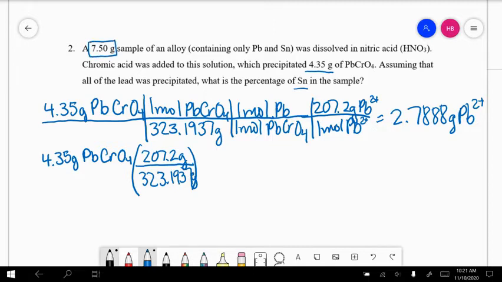So if we take this sample, which is tin plus lead, and then we subtract off the lead, we will get what's left over, which will be just the tin, which is what we're looking for.